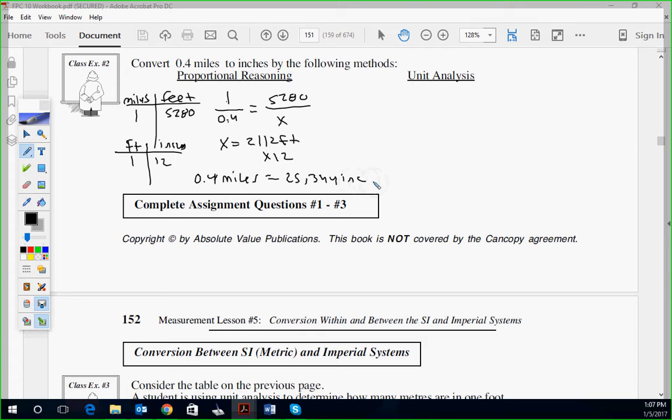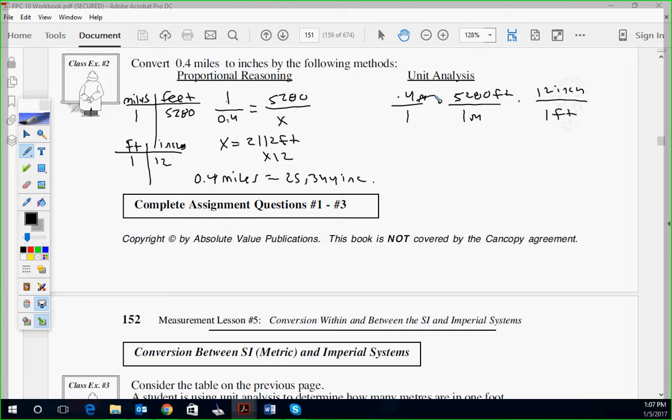Now, if you don't like proportional reasoning, I think I somewhat got you sold on unit analysis. 0.4 over 1 is my miles, and I want to multiply. What am I going to convert miles to first? The easiest one, feet. We know 5280 feet are in 1 mile, and 12 inches is 1 foot.